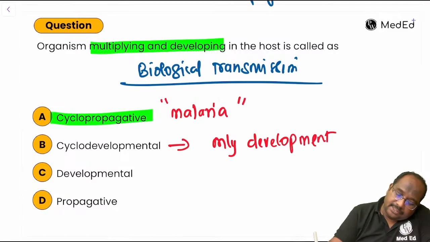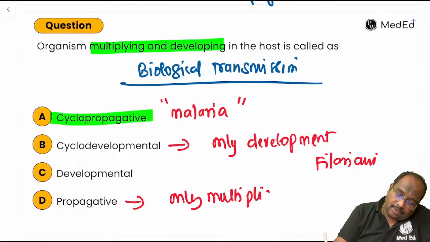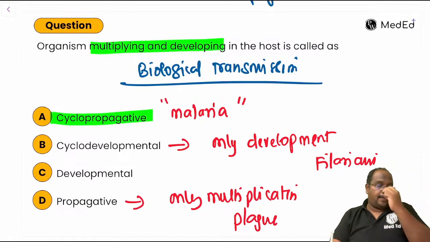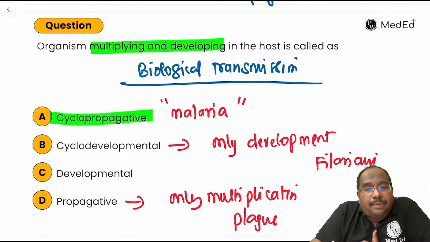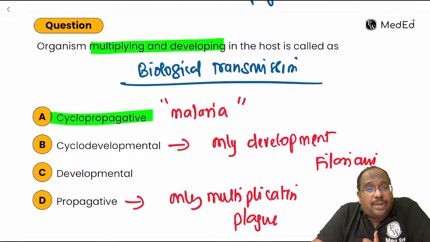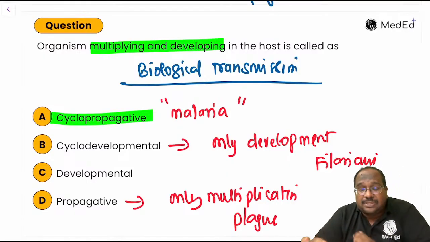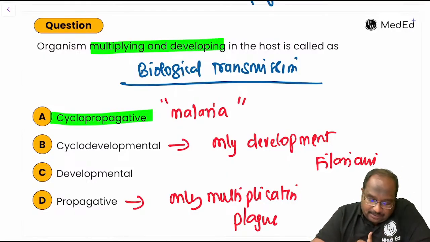This is filariasis. Propagative means only multiplication will happen. This is plague. If the answer is both multiplication and development, then it is cyclopropagative. Malaria, it happens in the Anopheles mosquito.